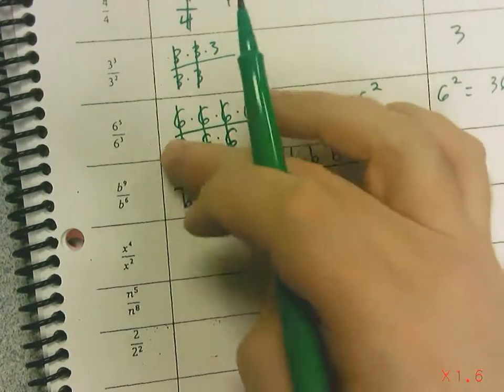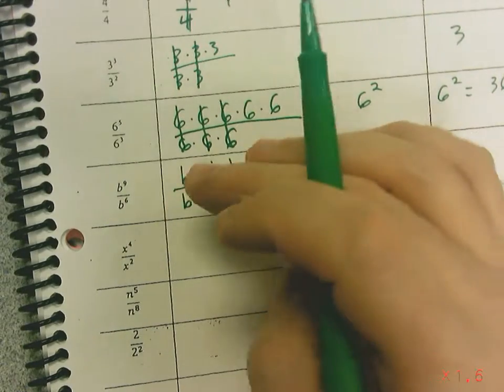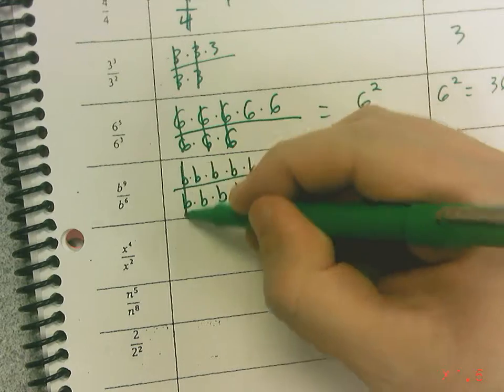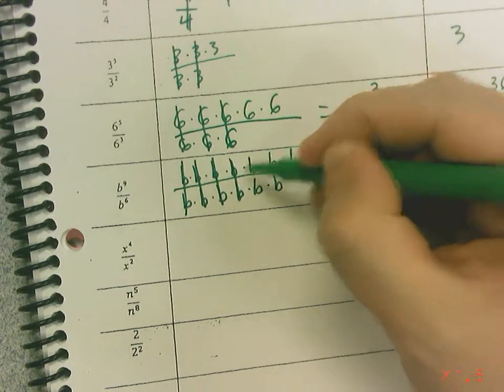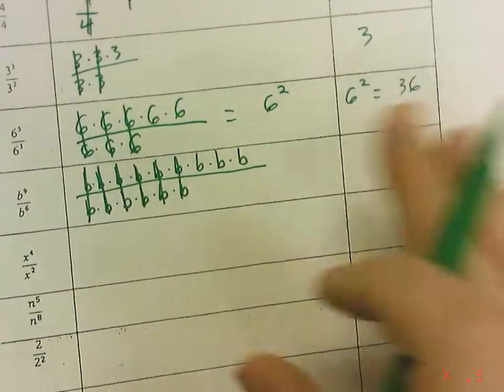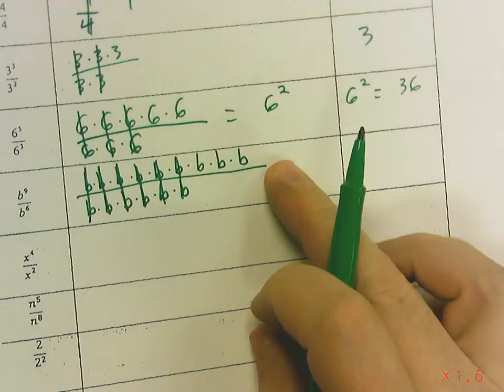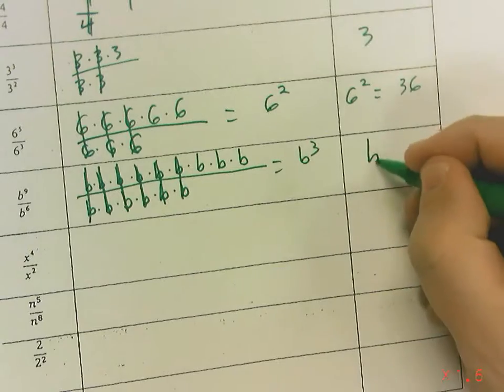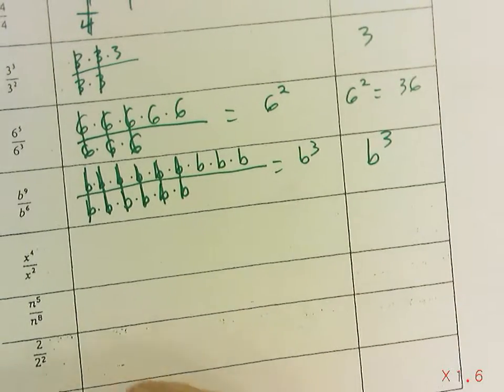Again, b would cancel out b, and so on. How many b's are left? We've got 3 b's on top, so that's going to become b to the 3rd power. That's as simplified as we can get it, because I don't know what b is.